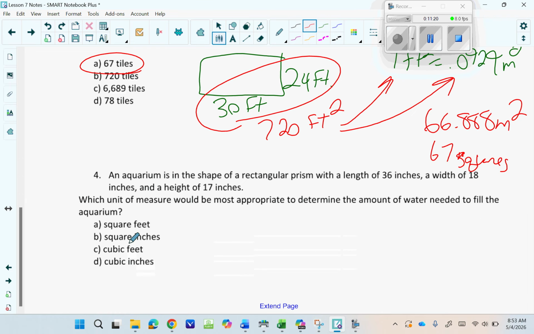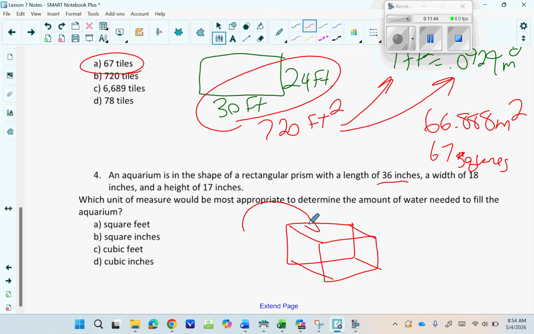Okay, number 4, there's not a lot of math going on here. We're just trying to figure out which unit it needs. I have an aquarium, and I'm filling up this aquarium.